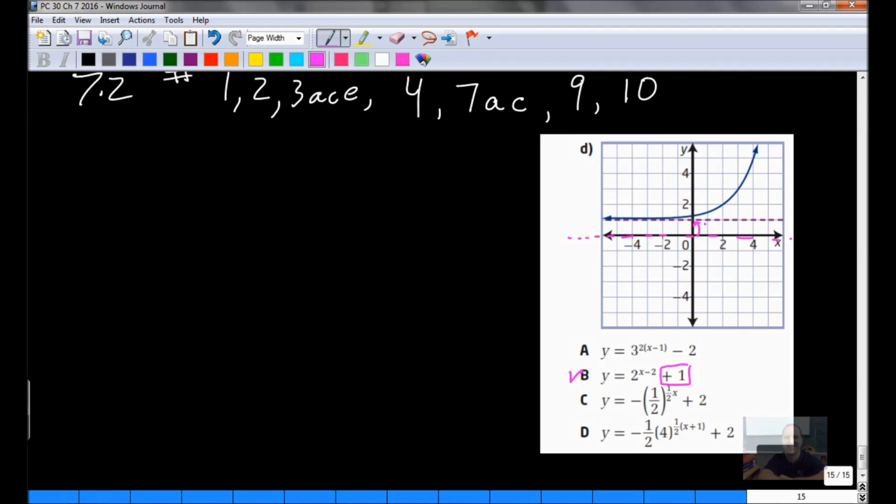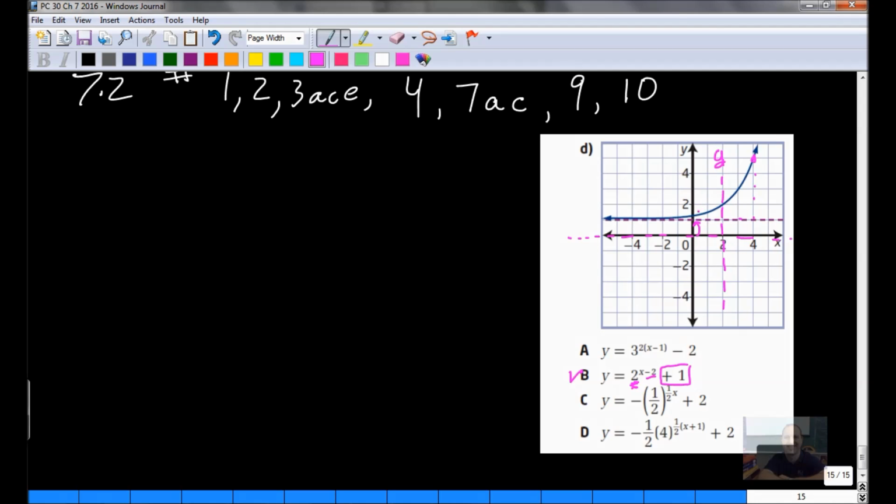But how else can you confirm that? Well, looks like this has been moved to the right 2 units. So if it's been moved over to the right 2 units, that means that if this was the y-axis right here, then this would be the base 2 and to the right 2.